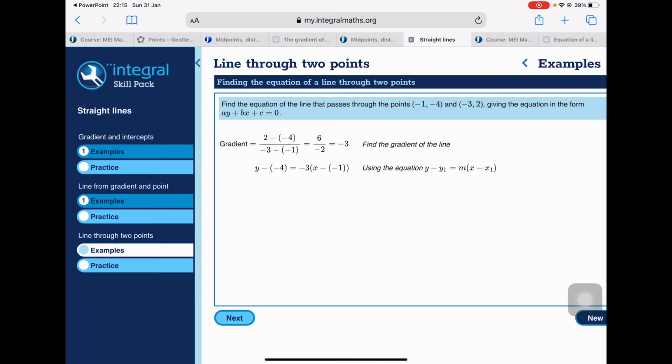Now we could substitute the coordinates -3 and 2 as well. By rearranging y plus 4 equals -3x take away 3, we get this as our equation.